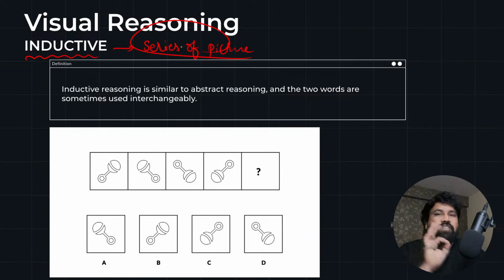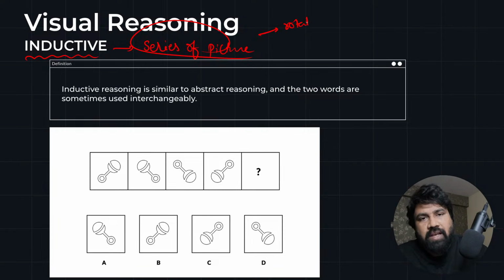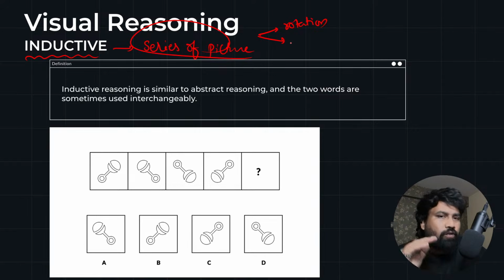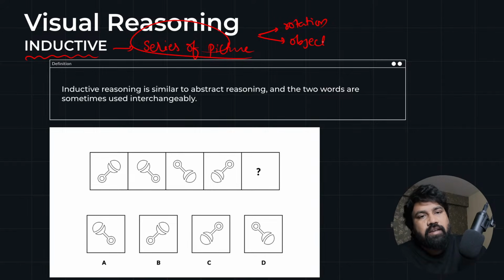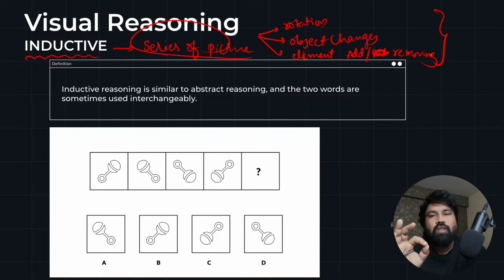When you see a series of pictures, either you have to focus on rotation, or on object changes, and the next one is adding or removing elements, the objects. So these are the 3 techniques you have to take care of while solving this series of pictures, which is nothing but inductive reasoning. In inductive reasoning, they can design based on these 3 patterns only.